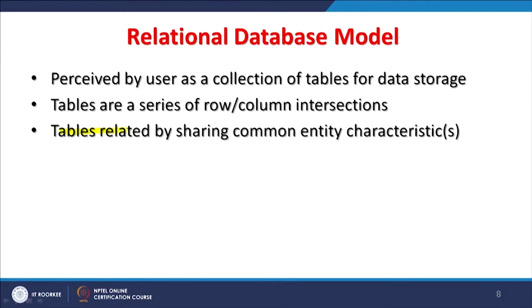This is a very important point, and that is why it is relational. The word relational is the key here. Suppose I have two tables: a data set of villages of one state, and a data set of villages of another state, or maybe some other similar kind of thing.